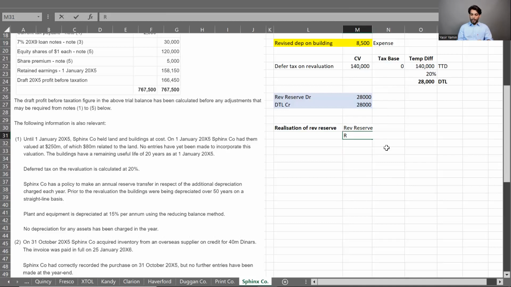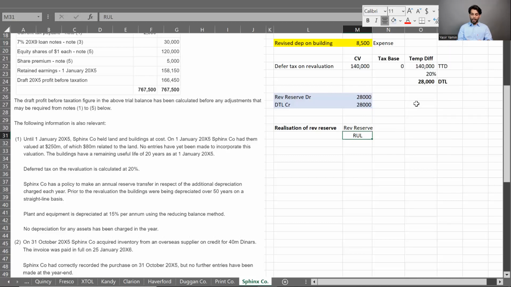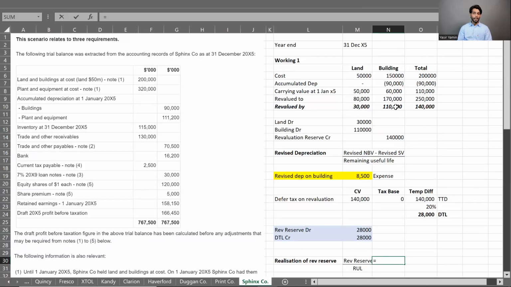So my revaluation reserve is going to be not 140,000, but I'll take 110 maybe. Why? You see, land basically has indefinite life. So I'm not selecting land here, just going to select the building's value.